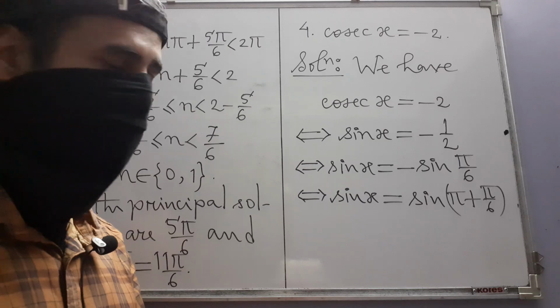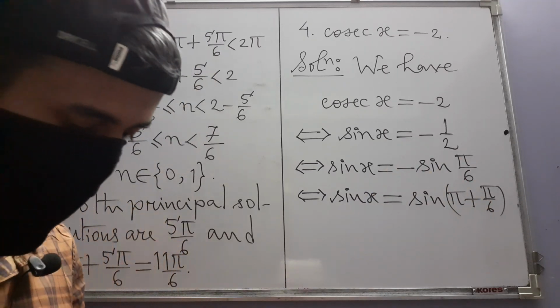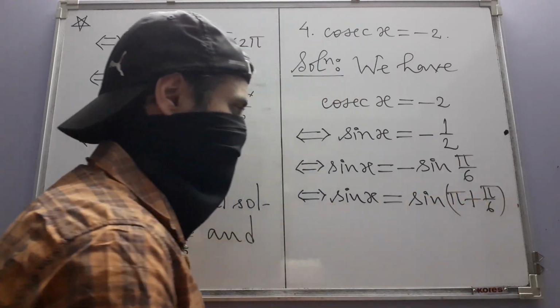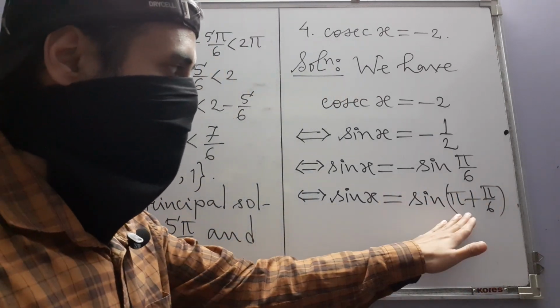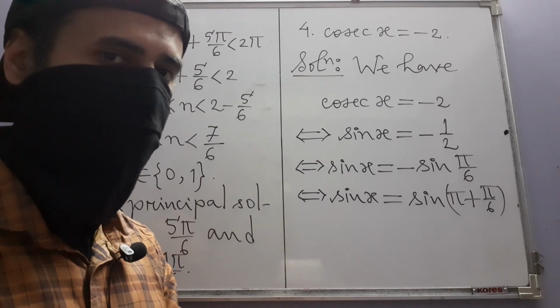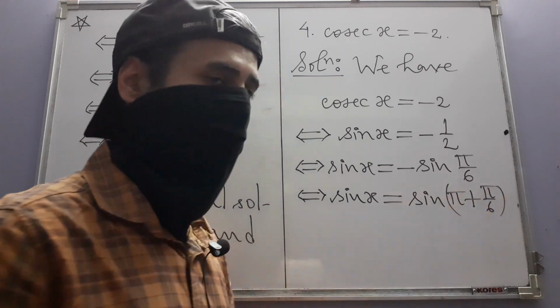And now we have to see, do we really get this? Let us mentally check this. What will this expansion be? Sin pi cos pi over 6, and that term will vanish because sin pi is 0, plus cos pi sin pi over 6.